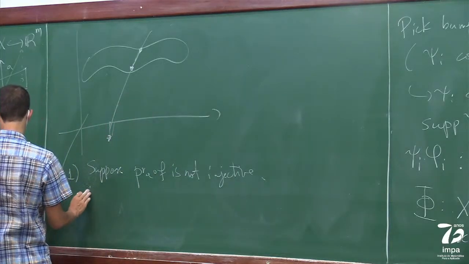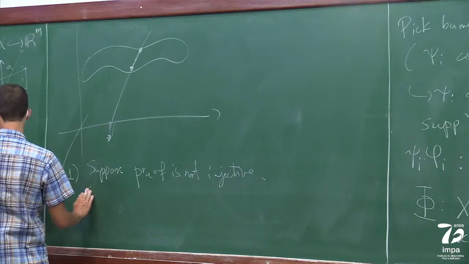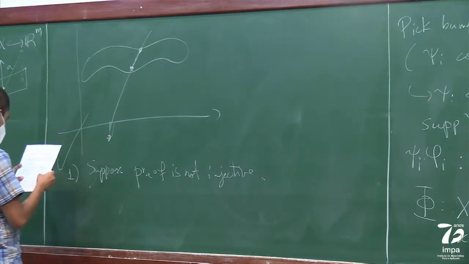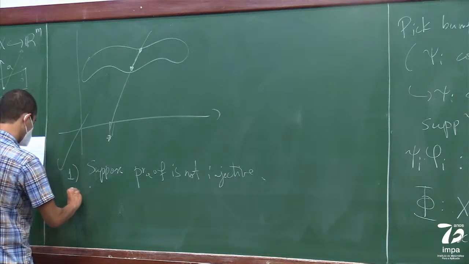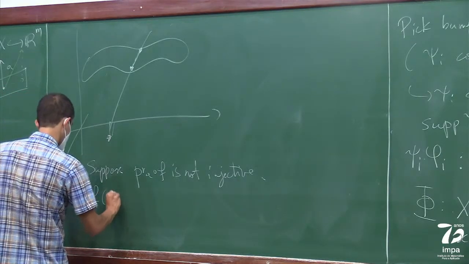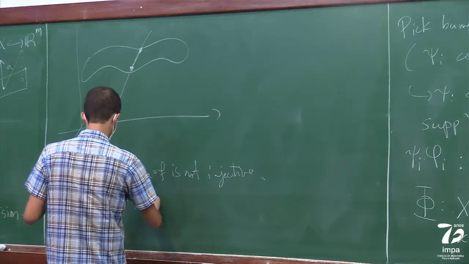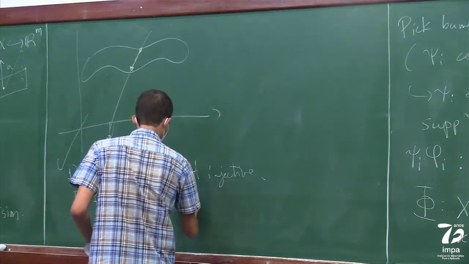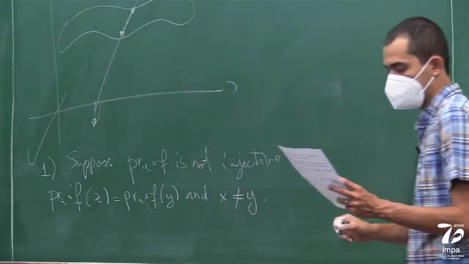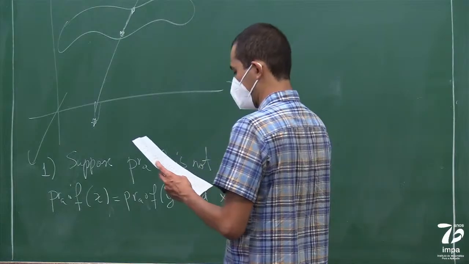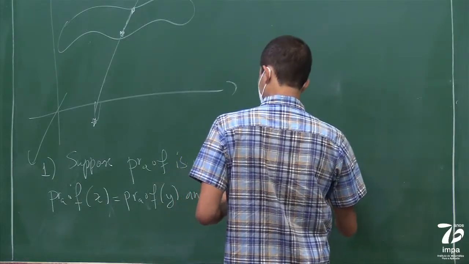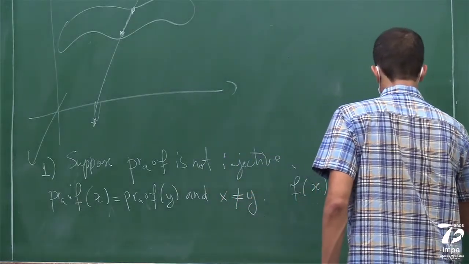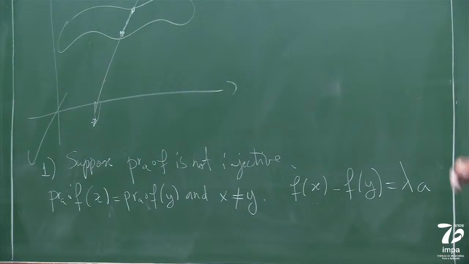So then the projection of X is equal to the projection of Y, for some X different from Y. So that means that F of X minus F of Y is a multiple of A, because I'm projecting in the direction of A.